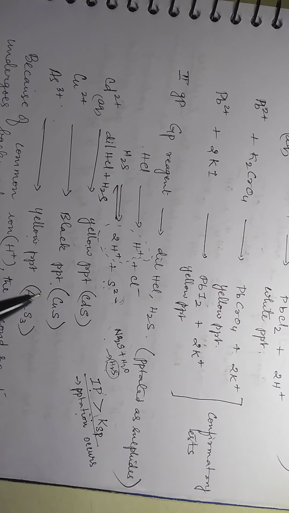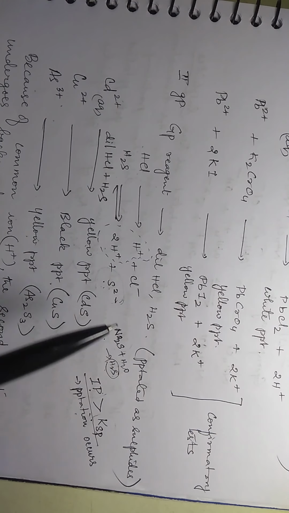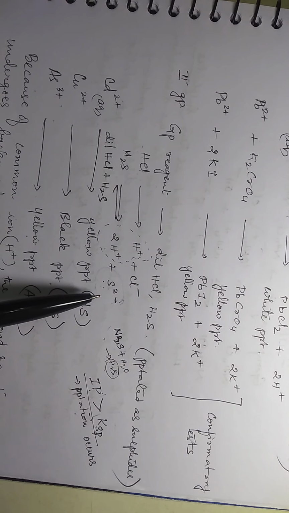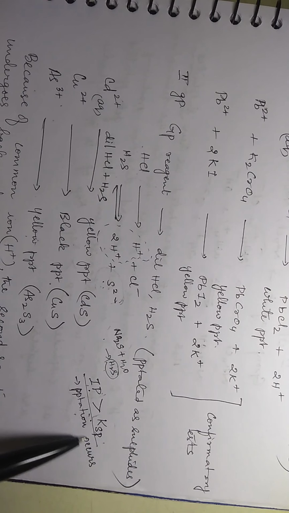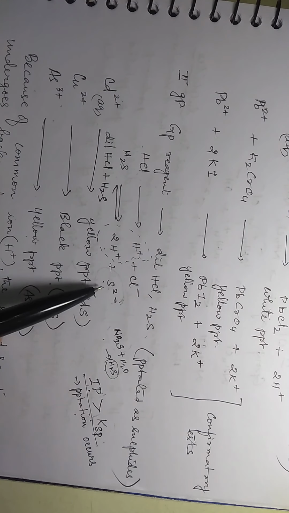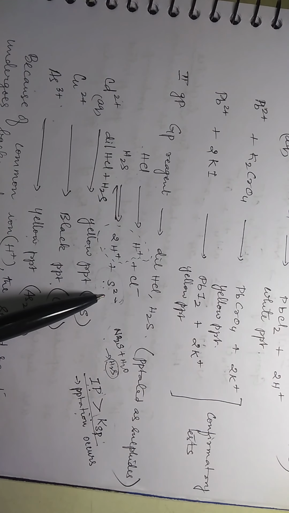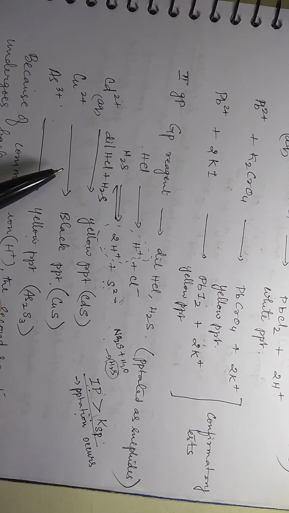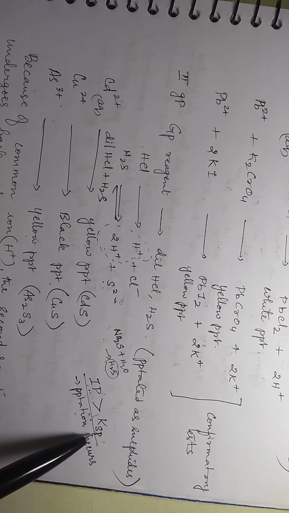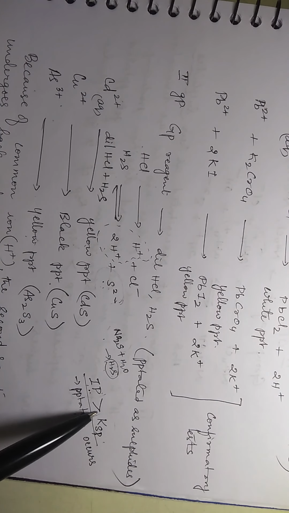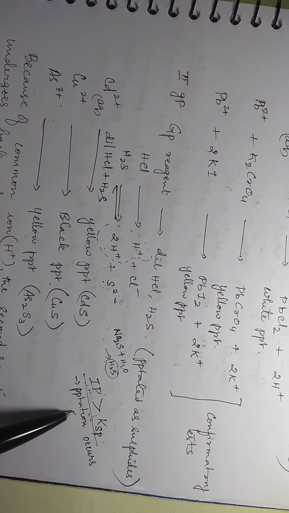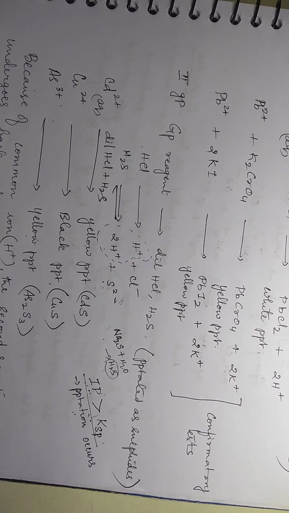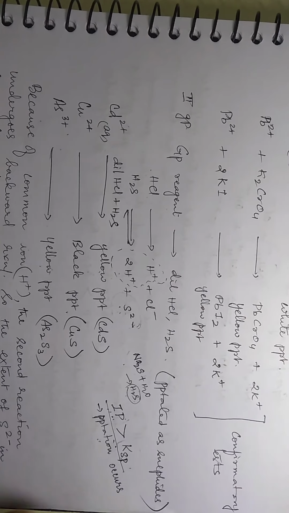Okay, so in spite of S2 minus being less in the medium, still the ionic product will exceed KSP because KSP is very low. तो जितना भी S2 minus मीडियम के अंदर प्रेजेंट है, Cu2 plus into S2 minus की जो आयनिक प्रोडक्ट है वो उस सल्फाइड की KSP वैल्यू को जरूर एक्सीड करेगा और एक्सीड करने से प्रेसिपिटेशन जरूर होगा. ठीक है? सो दिस इज हाउ प्रेसिपिटेशन इज डन.